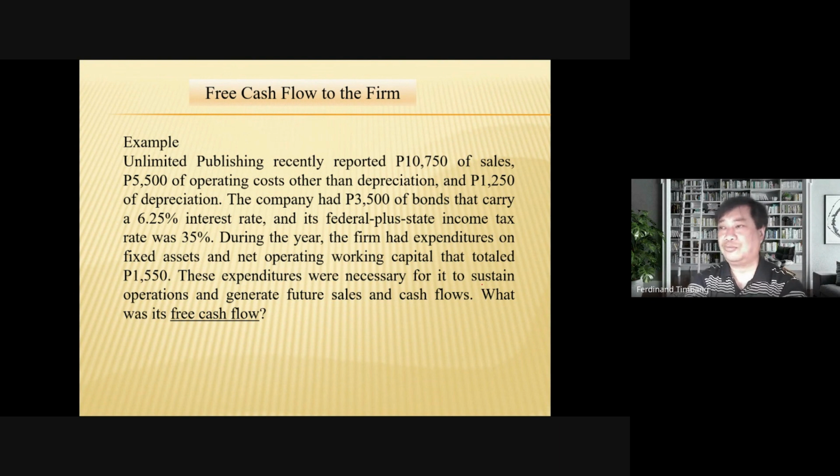During the year, the firm had expenditures on fixed assets and net operating working capital that totaled 1,550. The expenditures were necessary for it to sustain operations and generate future sales and cash flow. So what is the free cash flow?